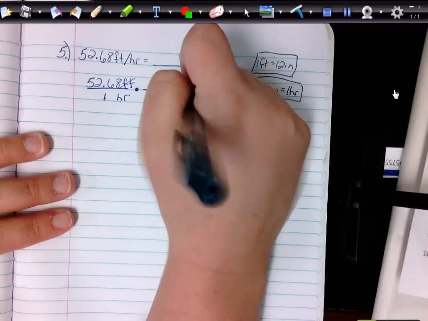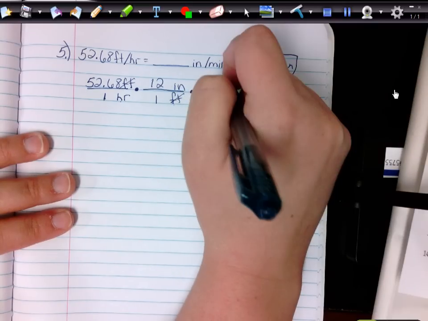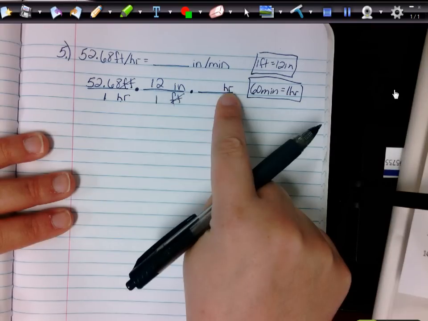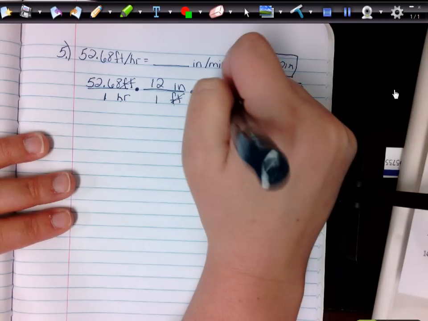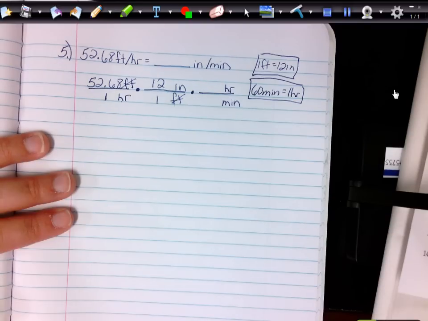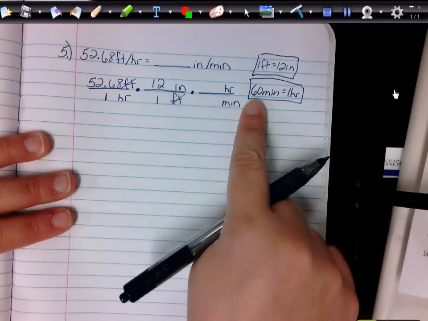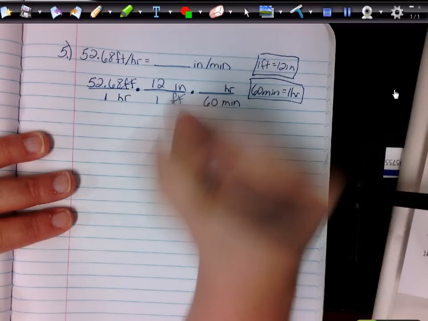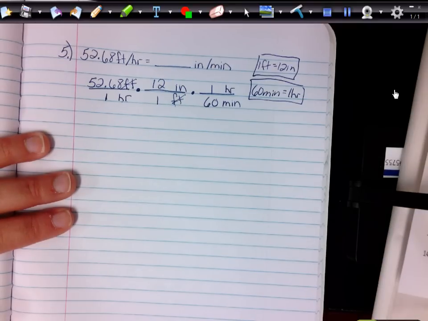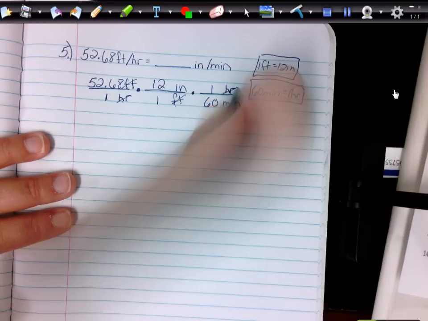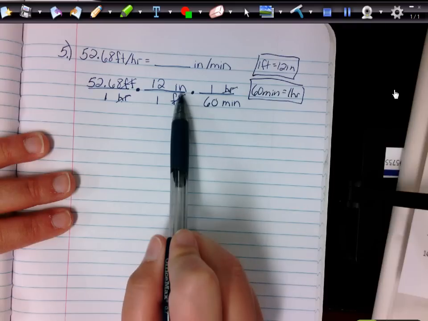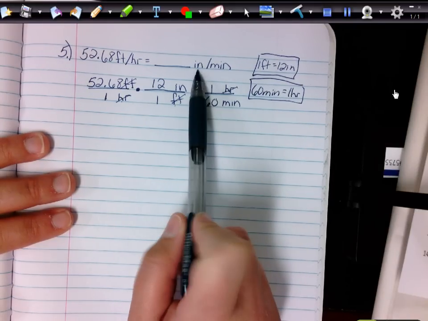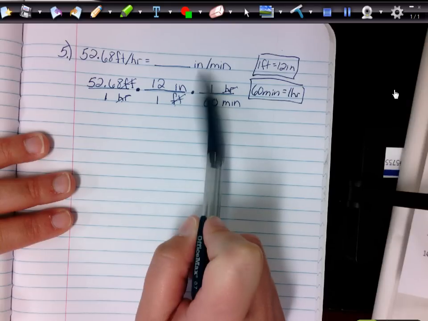So when I go to set up this fraction, my hours are going to be on the top so that they're going to cancel, one on the top, one on the bottom, and my minutes are going to be on the bottom. So I have 60 minutes, so 60 goes with the minutes on the bottom, 1 goes with the hour on the top. My hours are going to cancel, and now I'm left with inches per minute, or inches over minutes, which is exactly what I wanted.